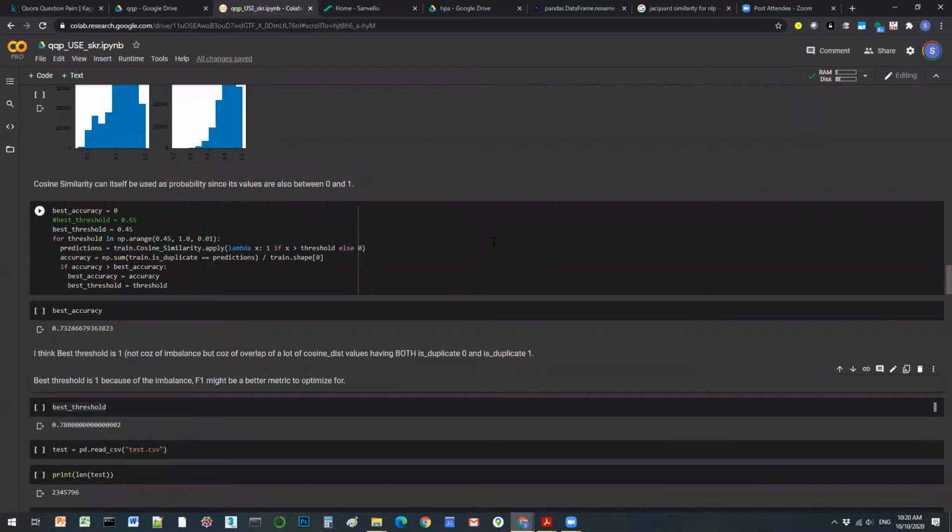Yeah. So it doesn't actually matter what you set your best threshold to, because the best threshold is going to get overridden when you find an accuracy better than your best accuracy. Yes, but he captures the best threshold, right? Yeah, but the fact that you've set it to 0.45 instead of 0.65 doesn't matter at all because that value is never going to be used.